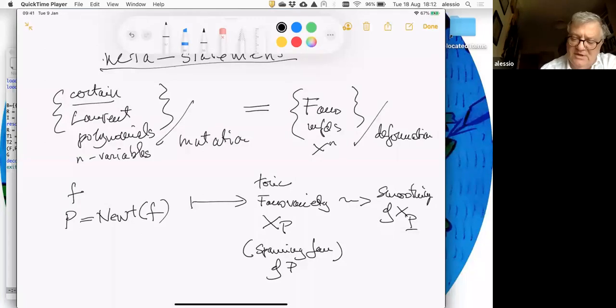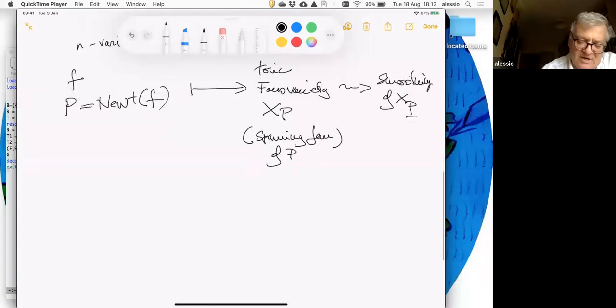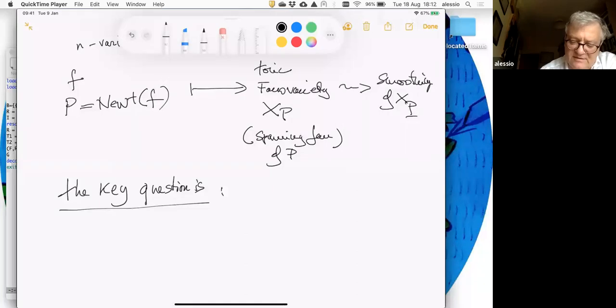And so from this point of view, the key question is, what are these certain Laurent polynomials?